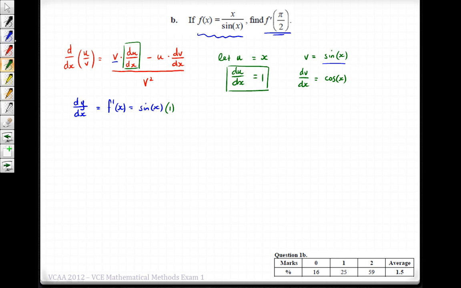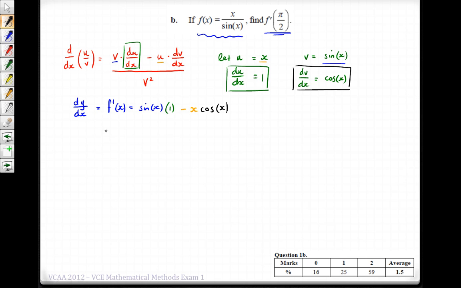And then we're going to subtract away from that u, which is just x. And then we're going to multiply that by dv/dx, that's this guy here, so we're going to multiply that by cos of x.